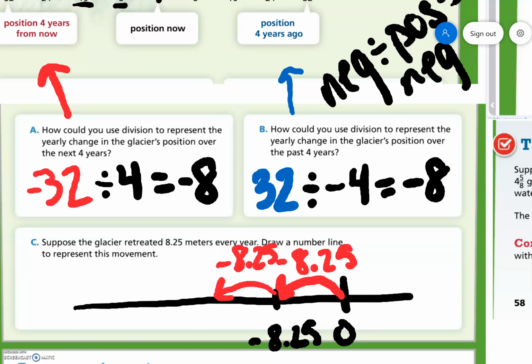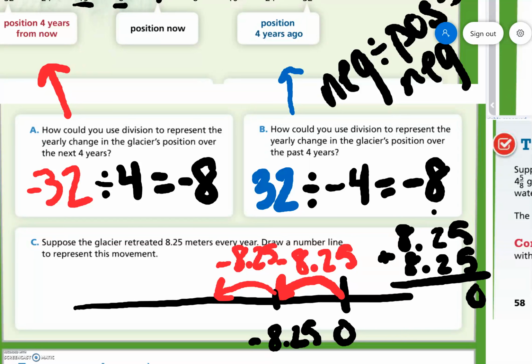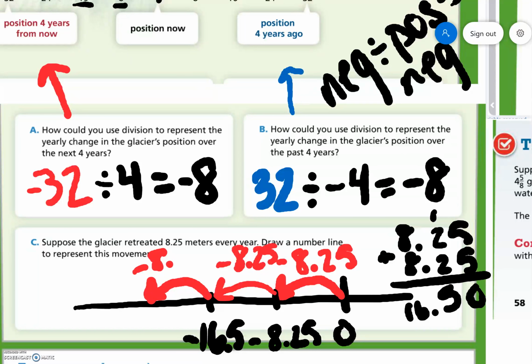Since we're going back 8.25 twice, we can add 8.25 plus 8.25 to get us 16.5. So here we are at negative 16.5 because we're still going backwards. If we went another year, we're doing this repeated addition, back 8.25 again to land us at negative 24.75.